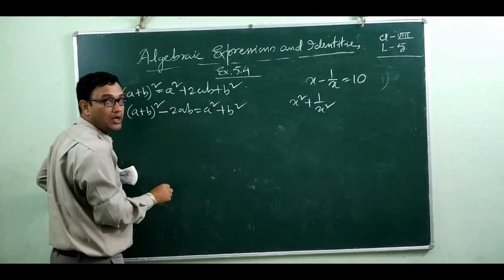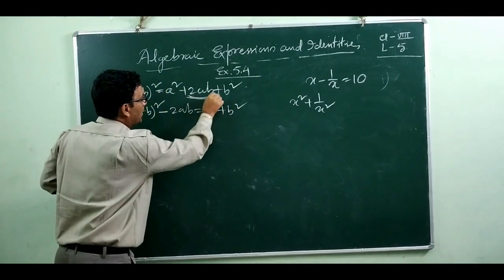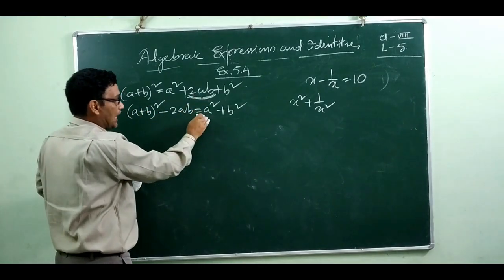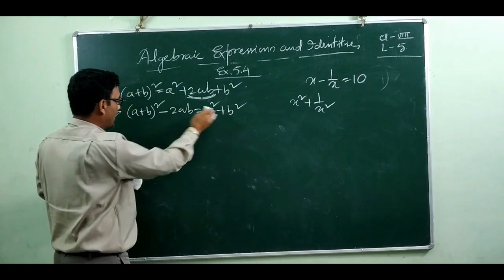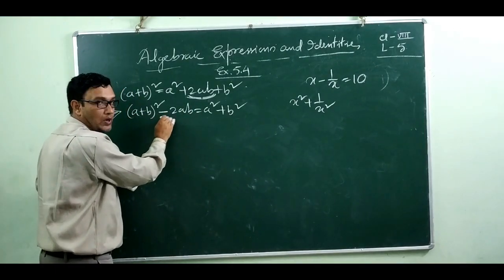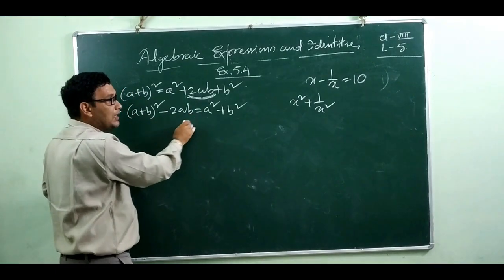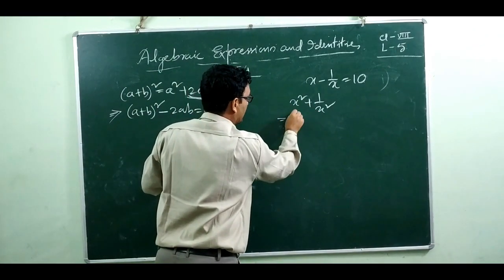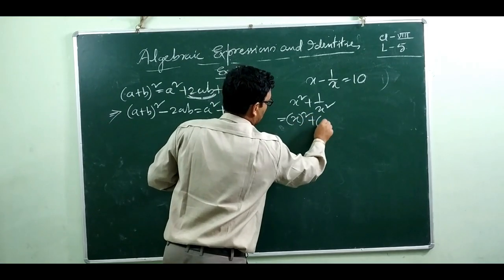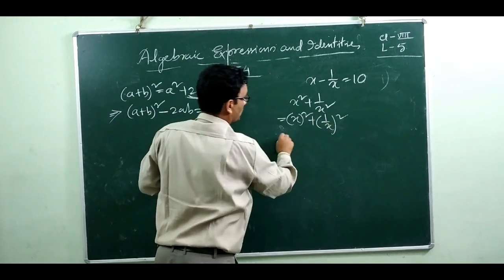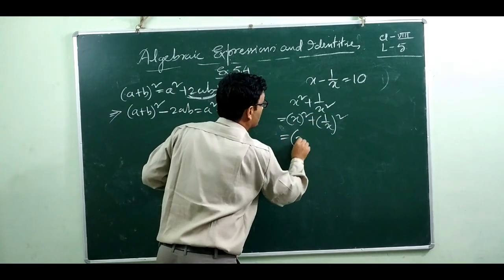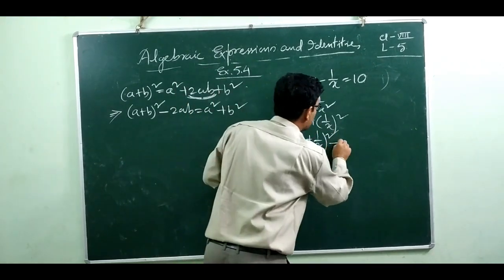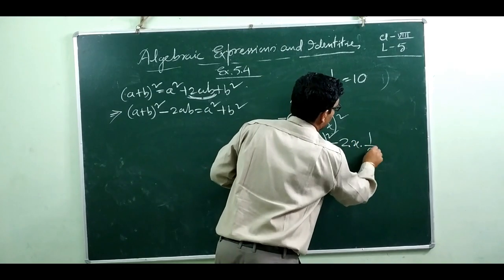Only this term, plus twice ab, from the right side you are bringing to the left side. That means a square plus b square equals (a plus b) whole square minus twice ab. Similarly here also, a square plus b square means x square plus 1 by x square. So (a plus b) whole square means (x plus 1 by x) whole square minus 2ab.